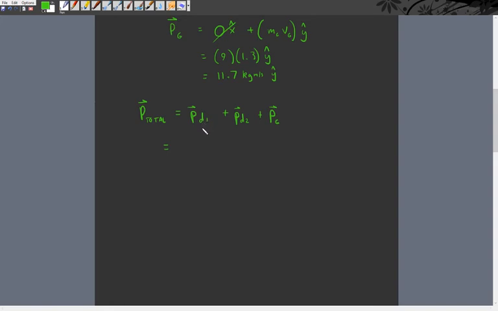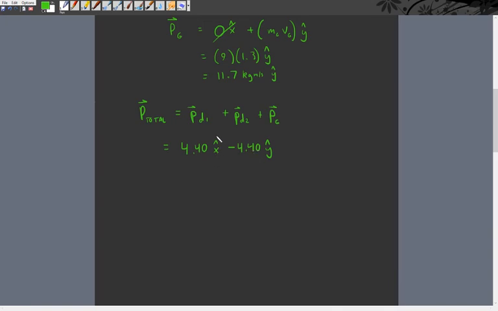So, let's see. For duck 1, what's the momentum? Well, it's going to be 4.40 kilogram meters per second in the x-hat direction. I'm going to leave off the unit for now. Okay? What about duck 2? It's going to be negative 4.40 kilogram meters per second in the negative y-hat direction. Now look, if we were just adding duck 1 and duck 2's momentum, the 4.40 and the 4.40 cannot cancel out.